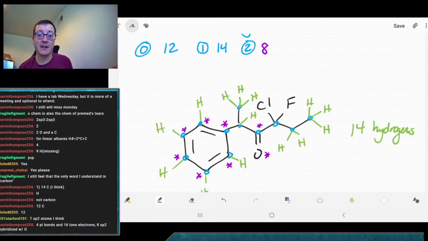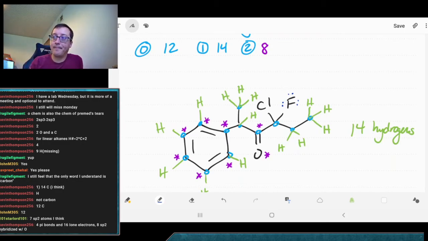Because we have to indicate hydrogens on heteroatoms, we can see that none of these have hydrogens on them, which means that they're going to have lone pairs in order to fill their octets, right? So this fluorine, since it needs to have 8 electrons, it's got 2 from the bond to carbon, and so it's going to need 6 more electrons that are going to be in the form of lone pairs.